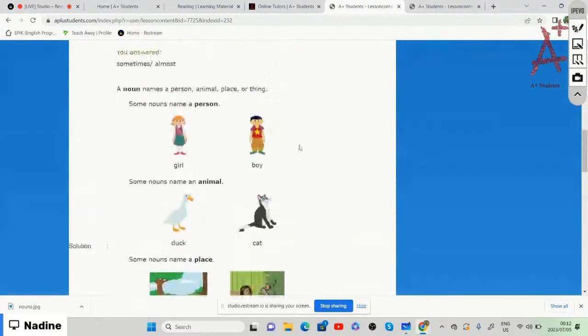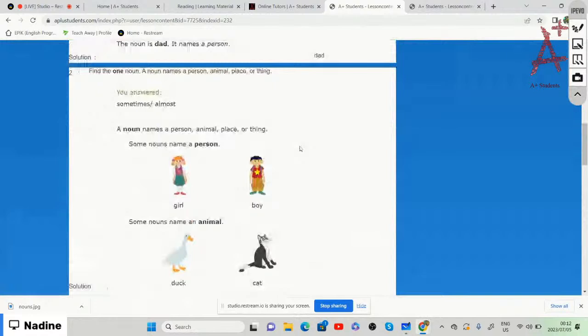So if you think of a few more nouns, specifically of the things that you maybe have in your home, then you can maybe mention nouns that are animals or that identify a place or a thing or even a person, right?